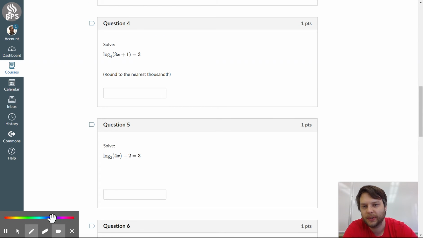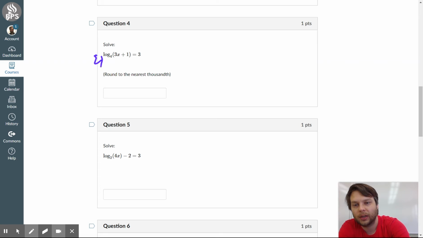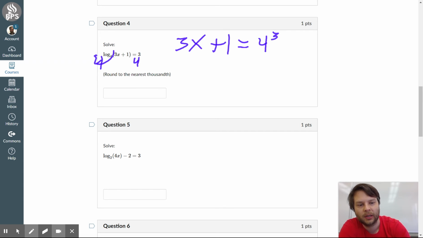Notice the parentheses, the 3x plus 1, that's going to be the very last thing that I do. First, I want to get rid of the logarithm. Logs and exponents are inverses, so I repeat the same base, and it cancels out the logarithm. So I have 3x plus 1 equals 4 raised to the third power. Count up on your fingers. 4 times 4 is 16. 16 times 4, 64.